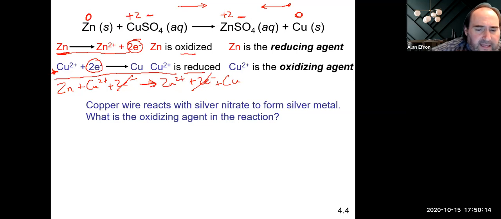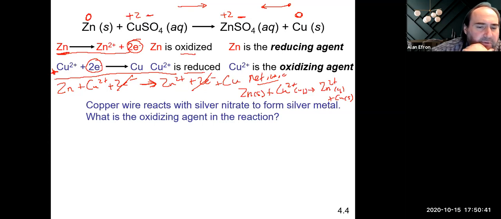And we would be left with the overall reaction that's really happening here, which is this. And this is really our net ionic equation for what's happening. This is our zinc going to zinc 2 plus, our copper 2 going to copper with no charge.